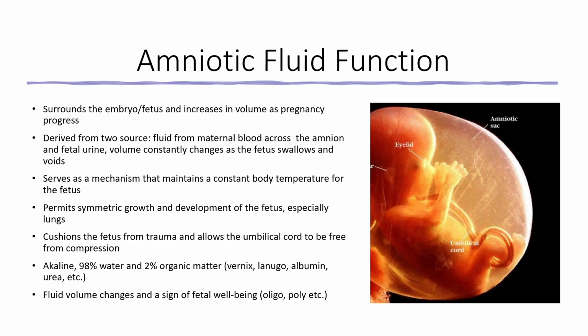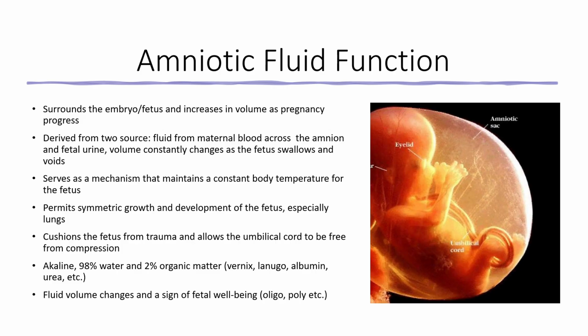The amniotic fluid is derived from maternal fluid through the blood, as well as fetal urine. So for those of you who don't know, the body produces amniotic fluid in combination with the fetus producing its own urine. As the baby excretes that urine, it is part of the amniotic fluid. The baby is able to swallow that fluid and void that fluid.